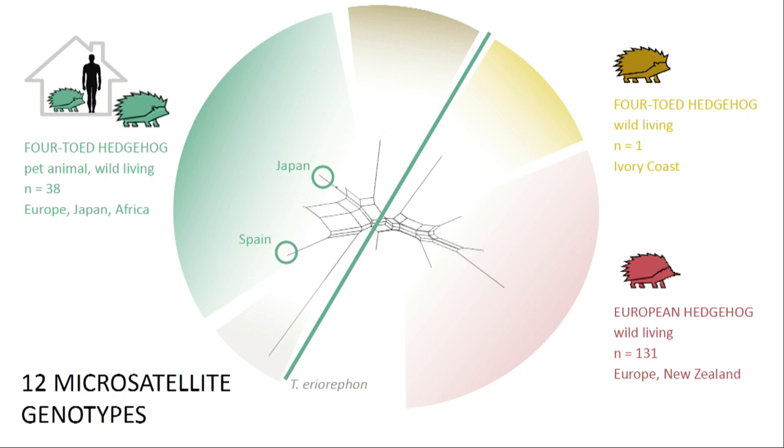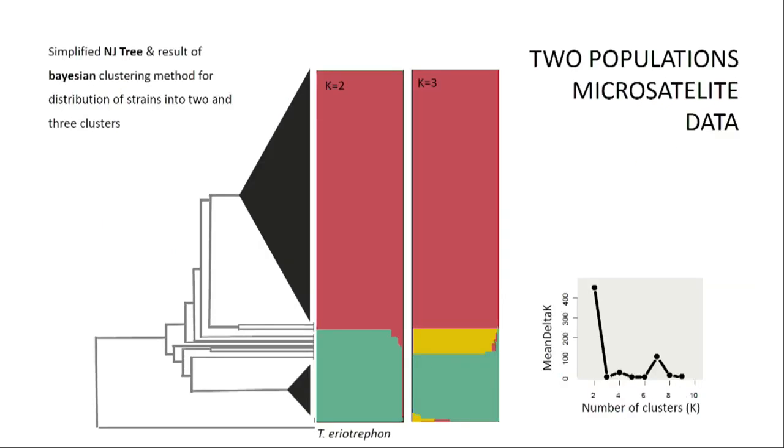Maybe it's not that clear, but you can see that we can separate the whole population into 2 main clusters. This is also what another analysis supported. I used a Bayesian clustering method to find out how many clusters are inside, and the analysis proved that there are just 2 clusters inside the complex.